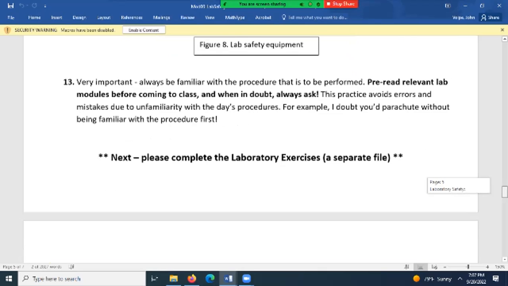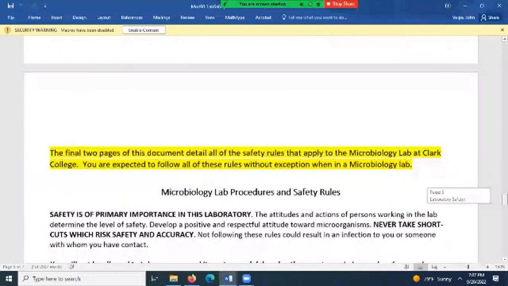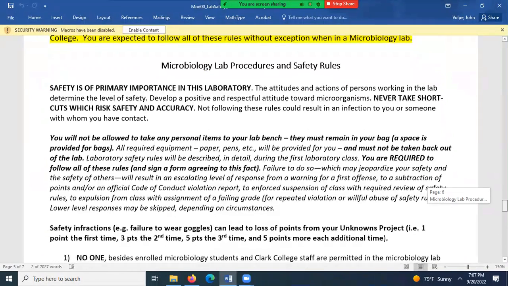All right. So complete the laboratory exercises on the worksheet. Do not complete it in the lab manual and then submit the lab manual. If you submit the lab manual, it's much bigger than the worksheet, and so you may get a penalty.